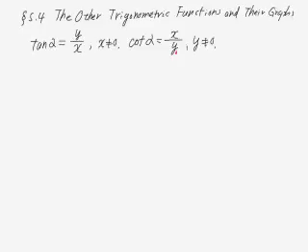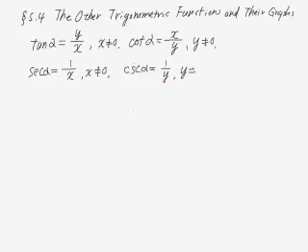Then let's go to the 5th. So we have the secant alpha, which is defined as the 1 over x. And here x is not equal to 0. Then the last one, cosecant alpha, which is defined as the 1 over y.